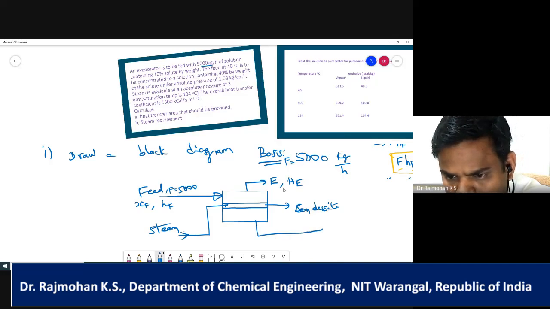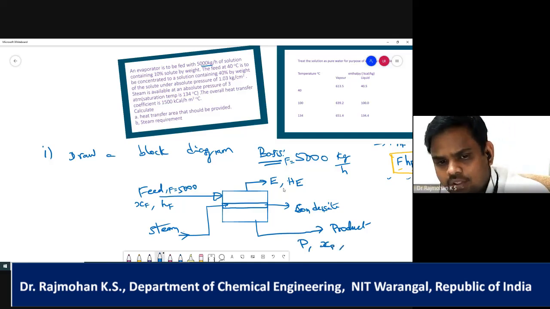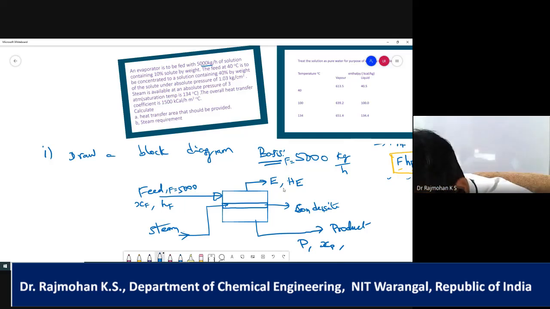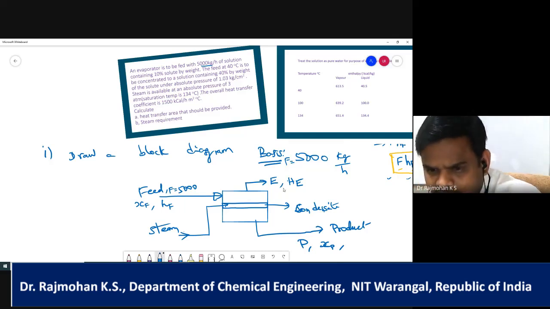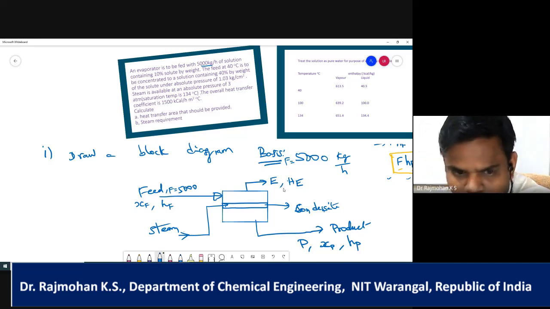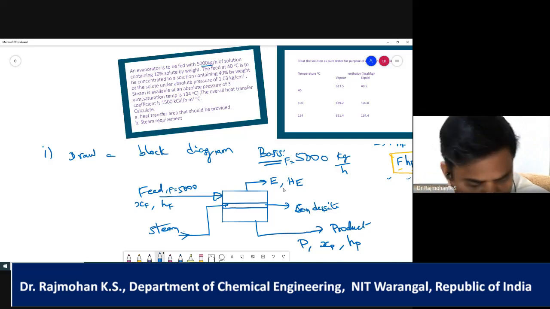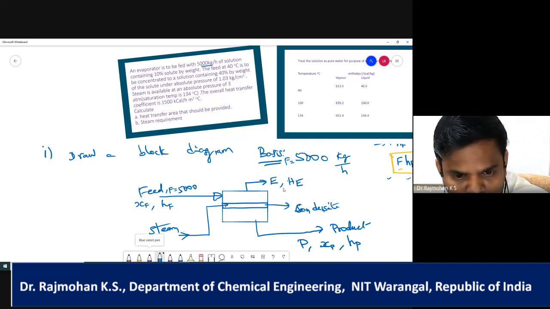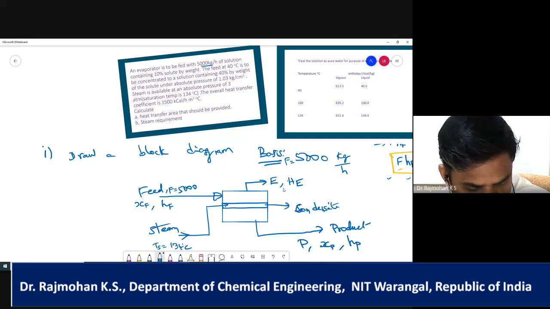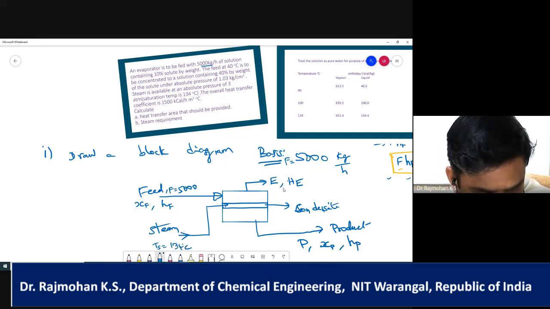So we have products, P, mass fraction is XP, and heat associated with this is small hp because it is in liquid state. It is a concentrated liquid, and the feed is a dilute liquid. We have steam, and steam temperature is given like 134 degrees Celsius, and we have condensate here.